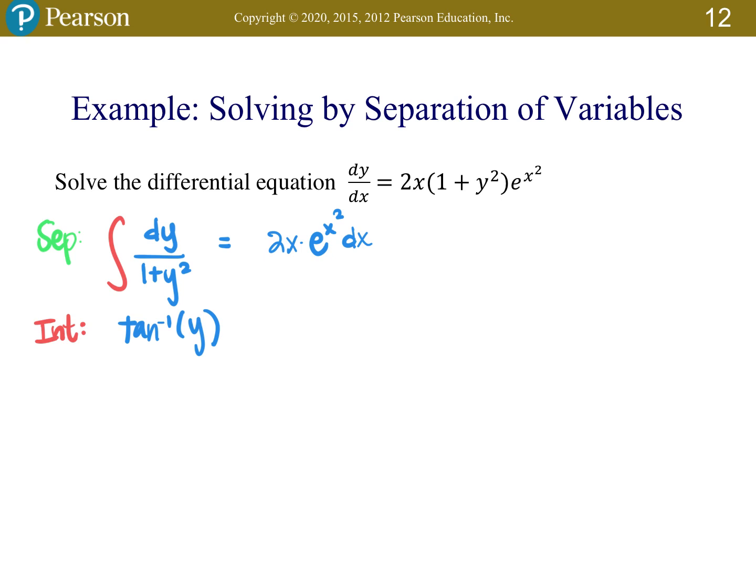All right, Stephen, how about the other side? Integrate. How are we going to do that? Tabular integration. Okay, that could be a possibility. You're thinking that because you see a p for a polynomial term and an e for an exponential term.